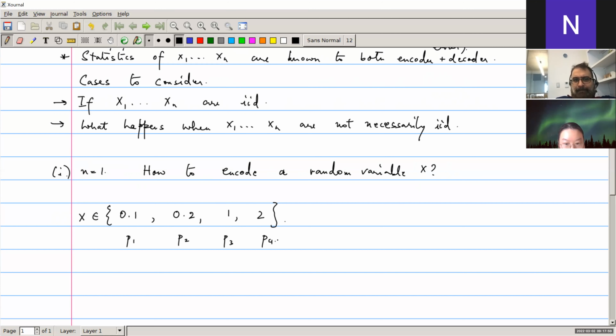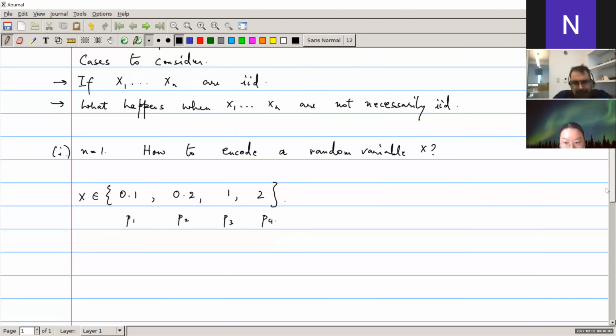Everyone okay with this? The quantity we are looking at is what we get when we map x with a prefix free code. Now, you can map x to a uniquely decodable code as well.